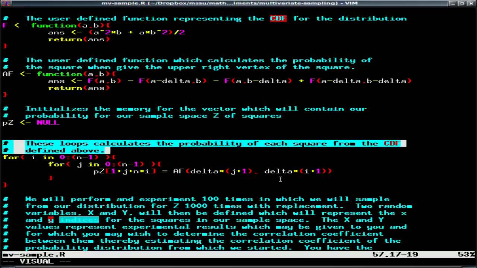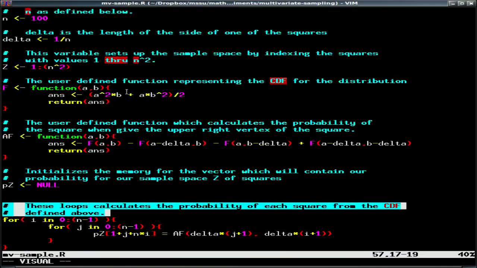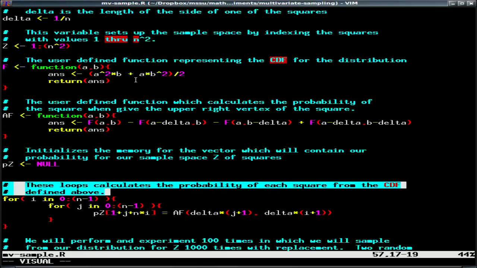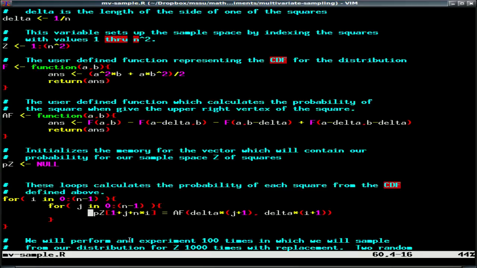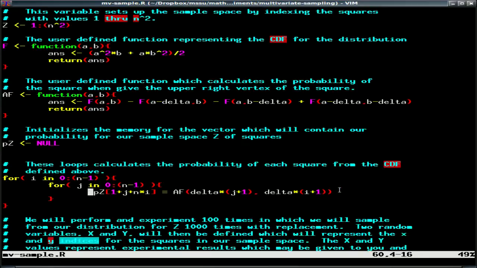So now we've got our squares indexed up here by the variable z from 1 up to n squared of them. And PZ stands for the probability of a particular square z. That's the notation that we're using in our program for that.